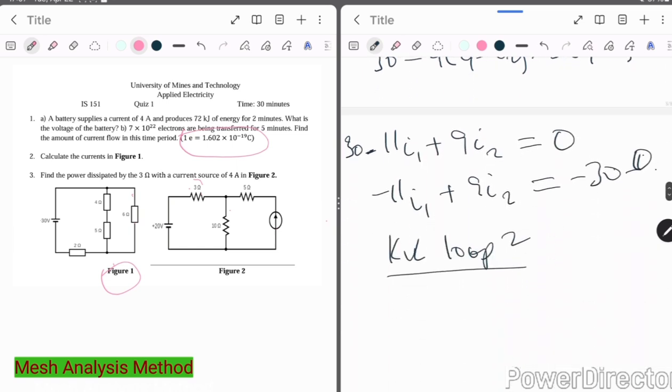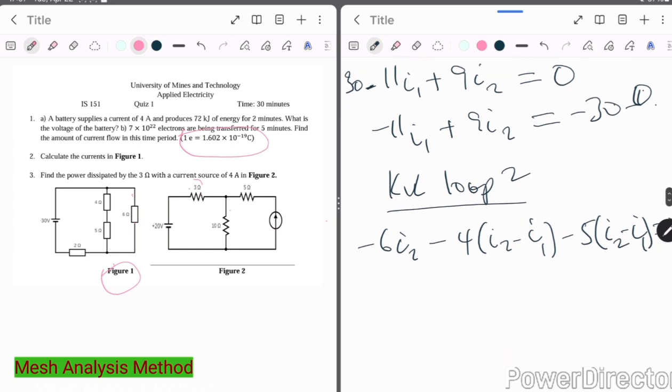Here we get a drop, so we have minus 4 (I2 minus I1), because loop 2 is now the dominant loop, so we get 5 I2 minus I1 equals 0.